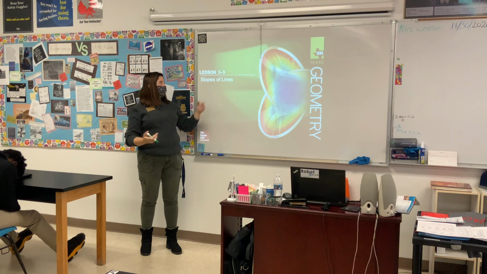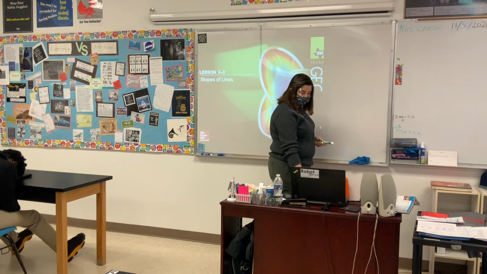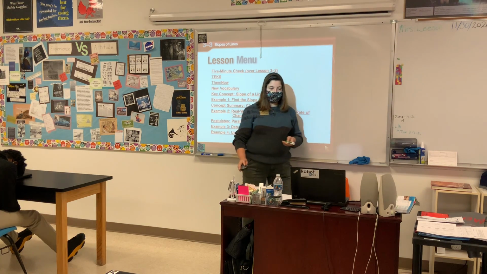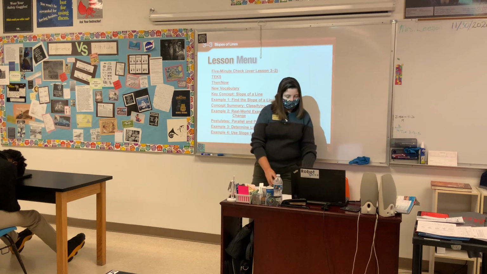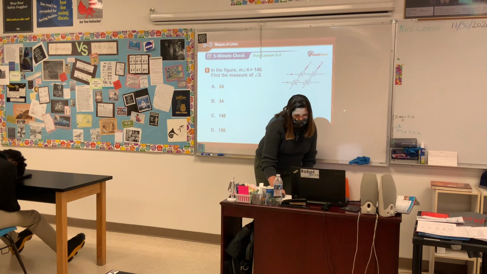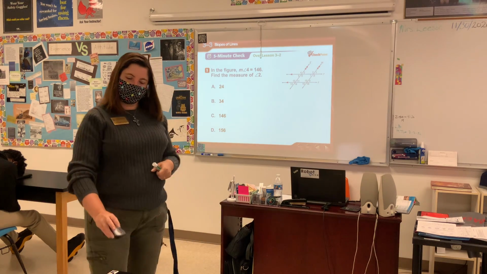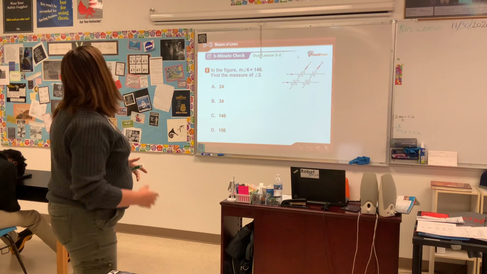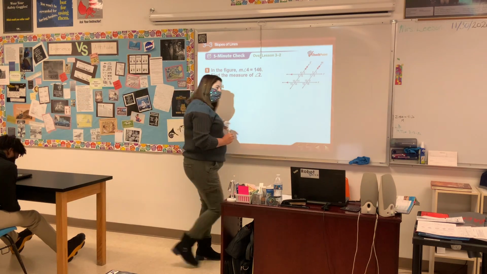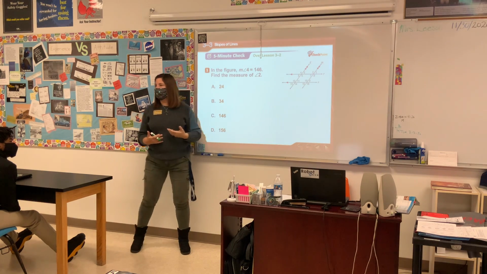Okay? So we're looking at slopes of lines today, but we're going to start off with a bit of review, or should be review, from lesson 3-2. 3-2 was a lot of stuff where we are looking at different angles that are formed by parallel lines.